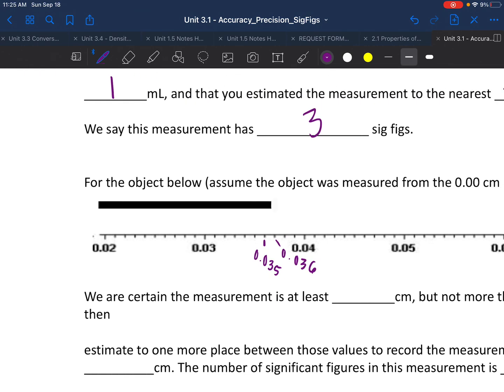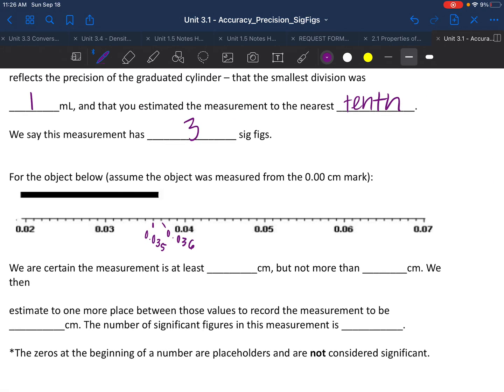So, recapping this in words, we're certain that it's at least 0.035 centimeters, but it can't be more than 0.036 centimeters. We're then going to estimate one place further and estimate to be 0.0355 centimeters. So we are going to count our significant figures again.